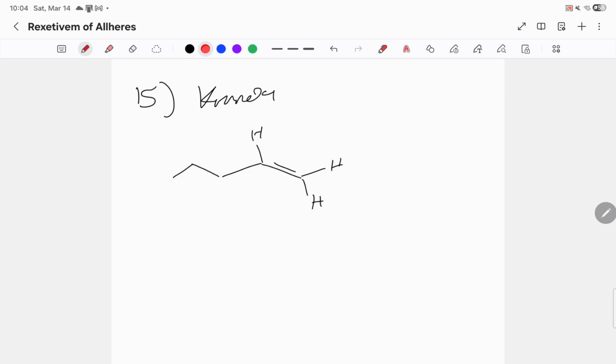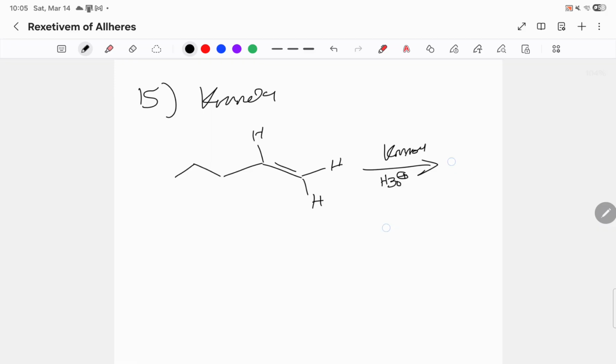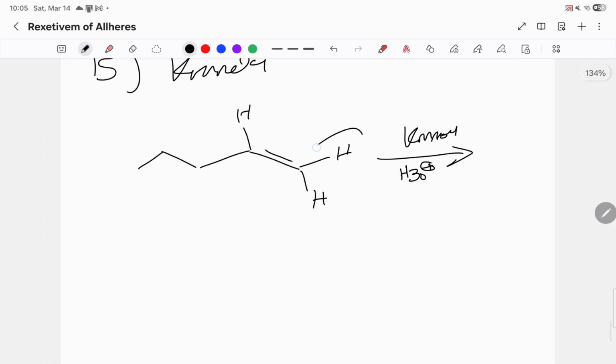So for a terminal alkene such as this, the CH2 portion of it, once we react it with KMnO4, which by the way is acidic permanganate, so you have to have acid in there, this will become CO2. So this will leave as CO2, and this portion will become a carboxylic acid, okay?